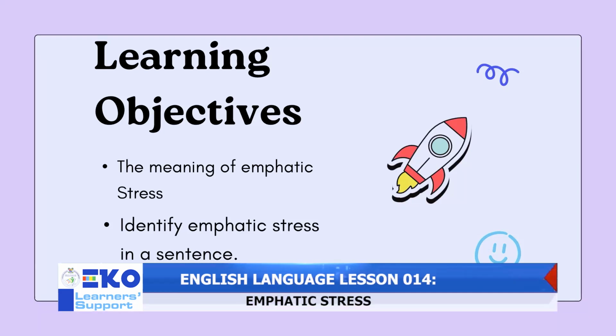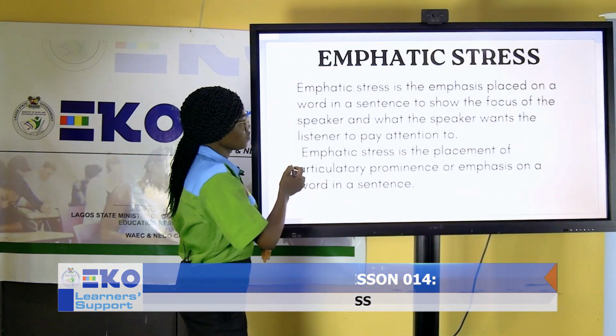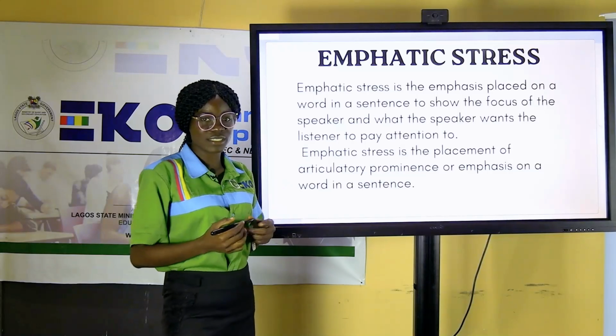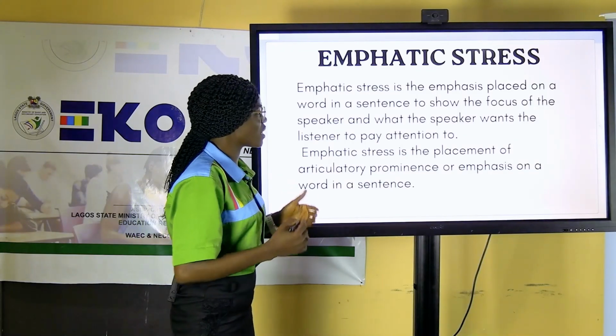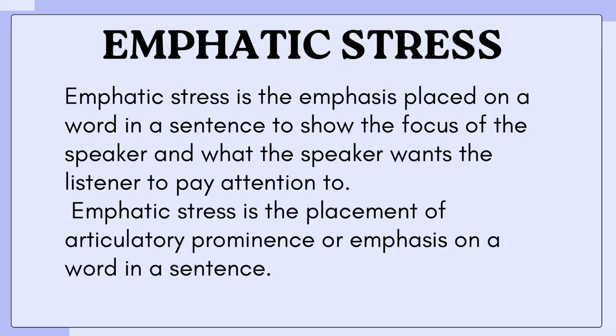So, learning objectives. We are going to look at the meaning of emphatic stress. We are also going to identify emphatic stress in questions. What is emphatic stress? Emphatic stress is the emphasis placed on a word in a sentence to show the focus of the speaker and what the speaker wants the listener to pay attention to.